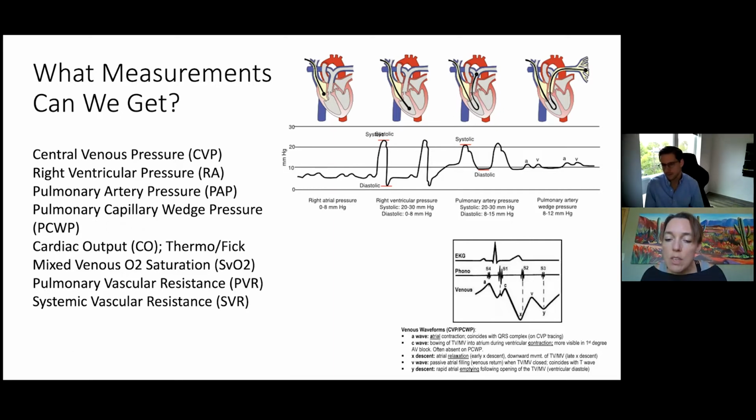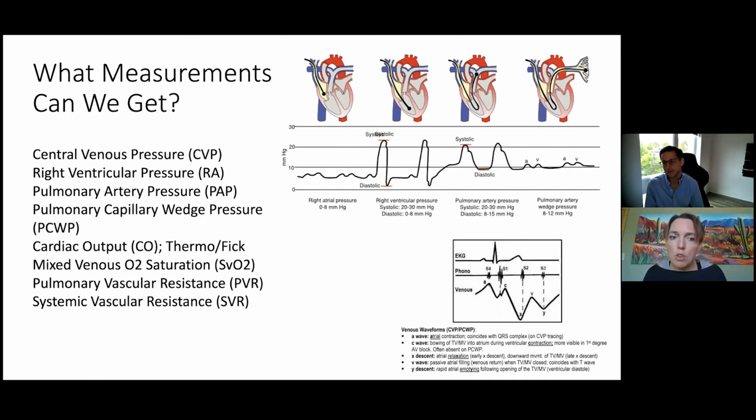Assuming all the blood is moving forward, and we know that with tricuspid regurgitation there's mixing, the amount of time it takes for the blood to warm up again after this cold fluid is injected correlates with the cardiac output, and that's the thermodilution.